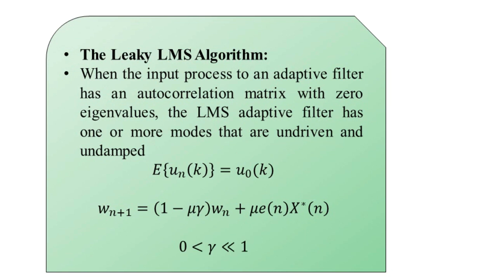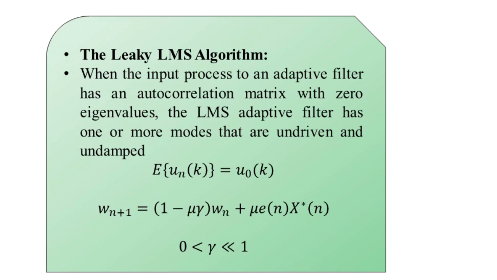Now you see the effect of making use of the leakage coefficient gamma here is to force the filter coefficients to the value 0 if either the error signal denoted by e(n) or the input signal, that is the discrete time random process x(n), becomes 0, and to force any of the undamped modes of the system to zero.